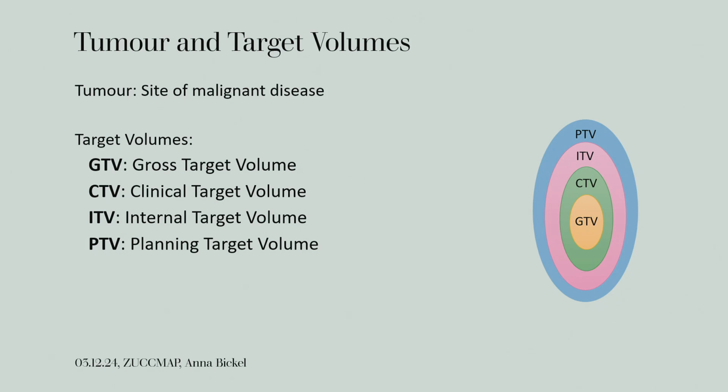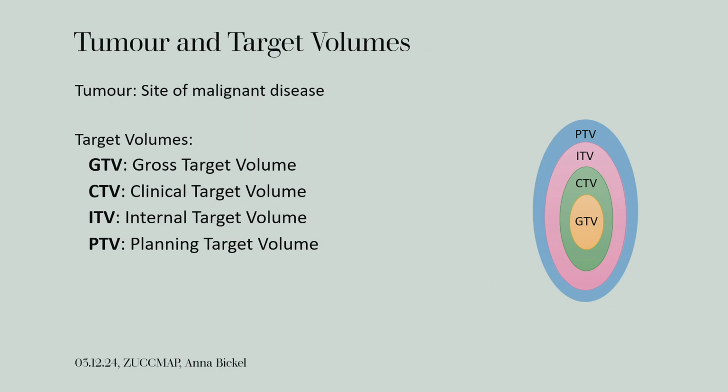And the last volume we add is the planning target volume, which is the last one we as medical physicists add, which is to make sure that if the patient is not situated exactly the same way as in the planning CT, because it's basically impossible to lie exactly the same every time, that we do cover the tumor. So if we are shifted a bit from the actual axis which we want to be, that we cover the tumor.